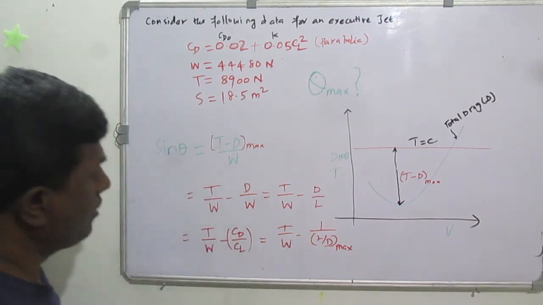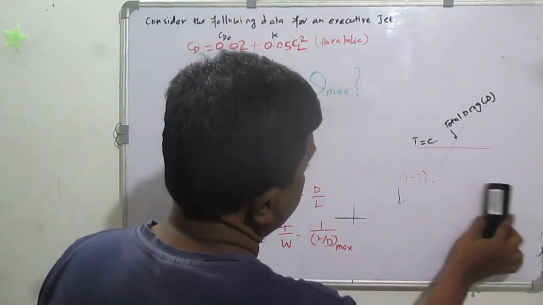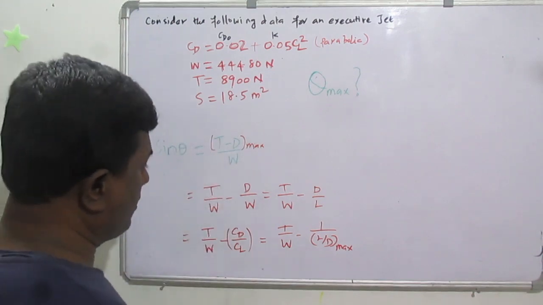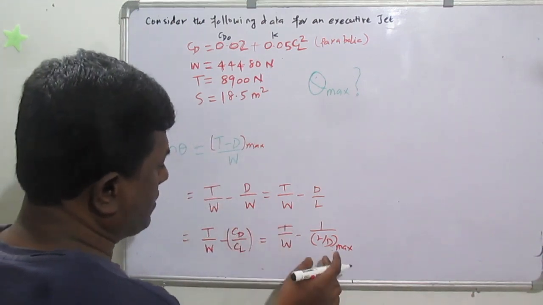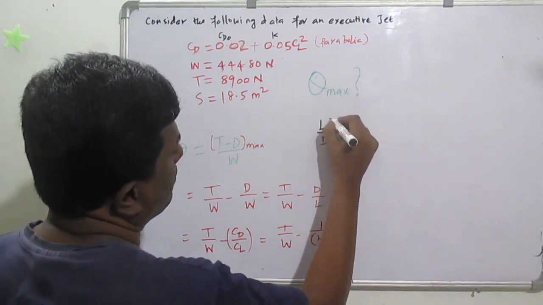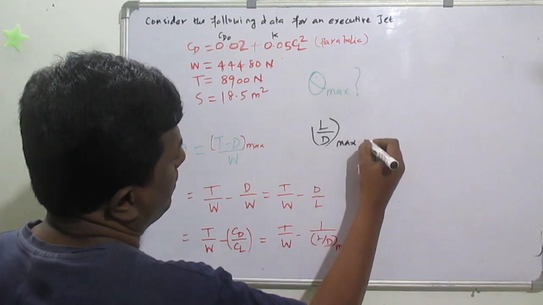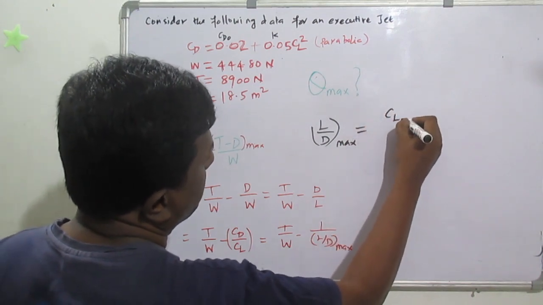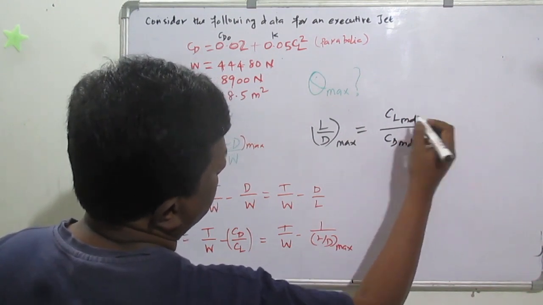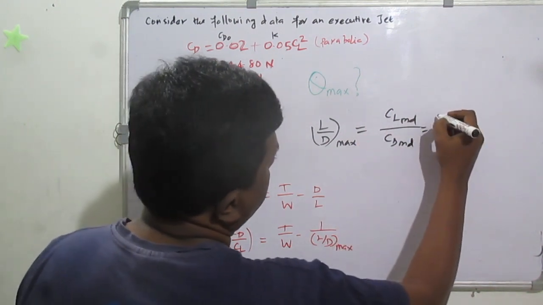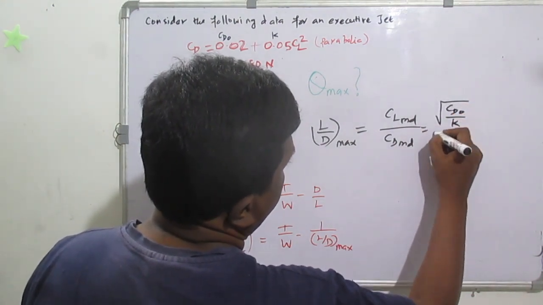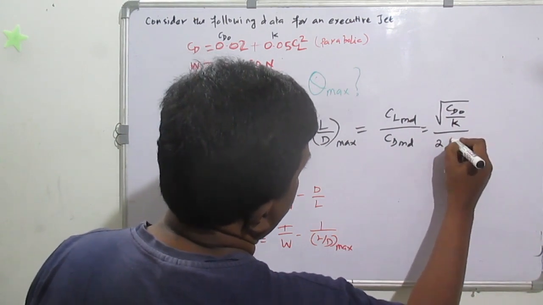Now let us substitute the values. First let us find L by D max. L by D max we can find by using CL at minimum drag divided by CD at minimum drag. CL at minimum drag is the square root of CD naught by K, and CD at minimum drag is twice CD naught.